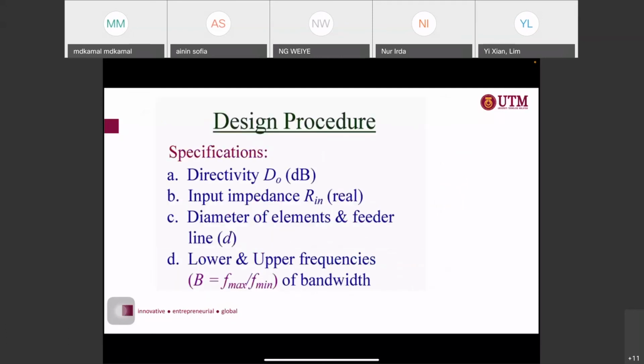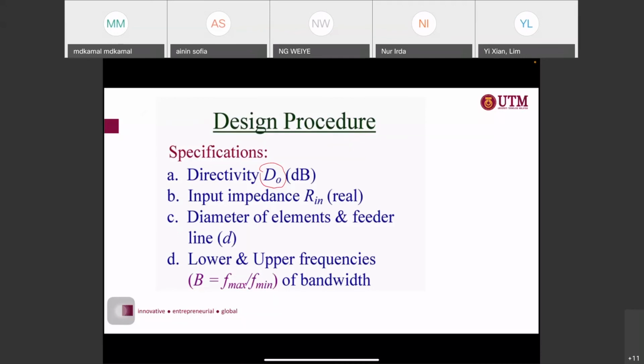Okay, so how do you want to design? I think for this design procedure, you should know how to design this log periodic dipole antenna. Usually if you want to design, you need to specify what directivity you want. Let's say for example you want 8 dB.